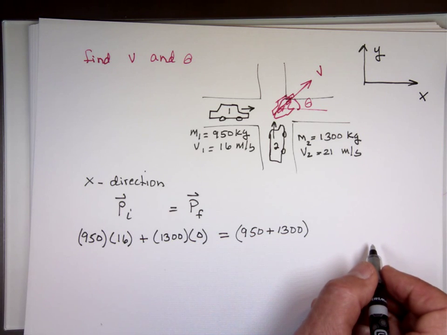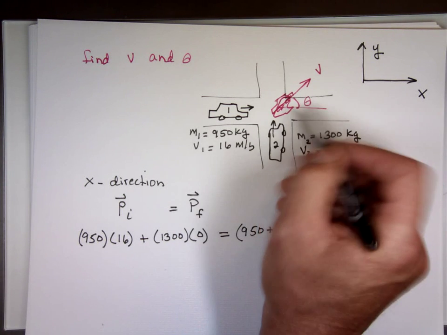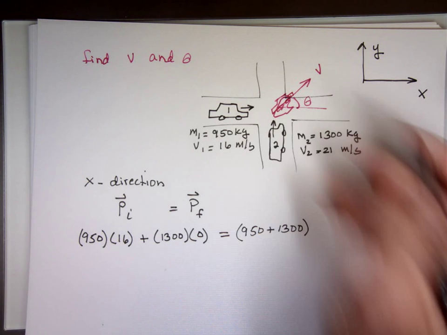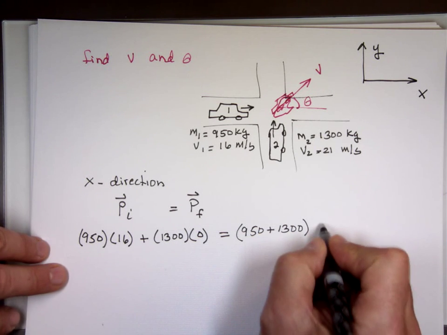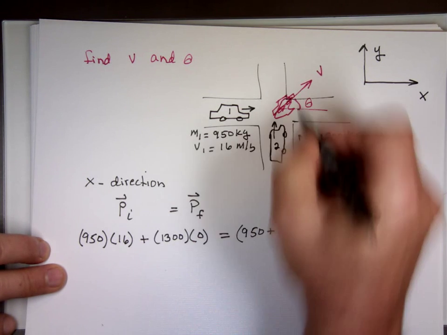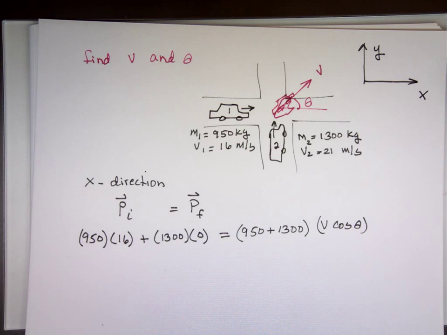What was the velocity in the x direction of these together? Zero? Cosine. Can't be 0. It's going that way. Yep. V cosine theta. Whatever this value is times the cosine to get the value in that direction. So we know this piece goes to 0.